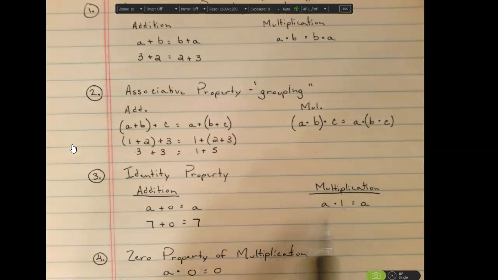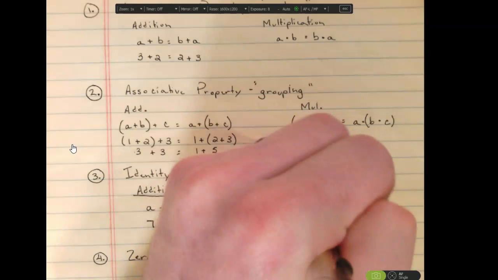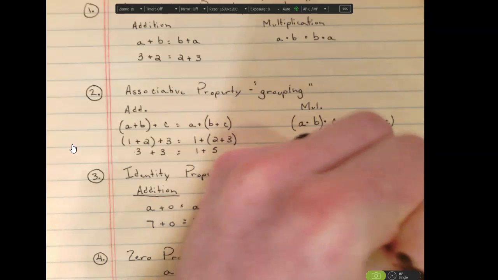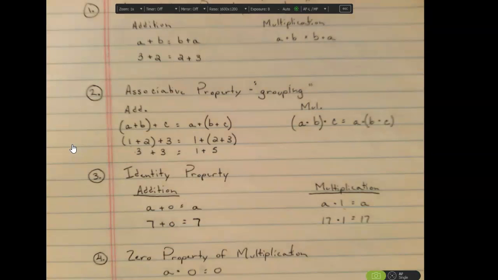With the identity property, it depends if you're doing multiplication or addition as far as what number you're using. Maybe I plugged a 17 in for A. 17 times 1 is equal to 17. So I still got the same number I started with. Through addition, I added 0. Through multiplication, I multiplied by 1.